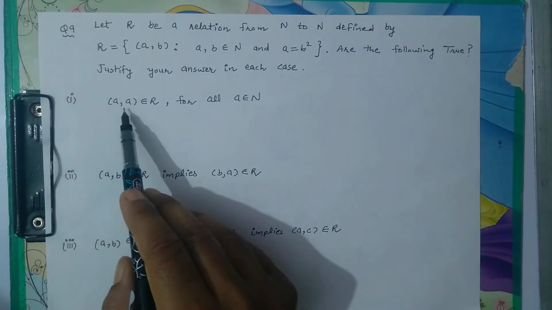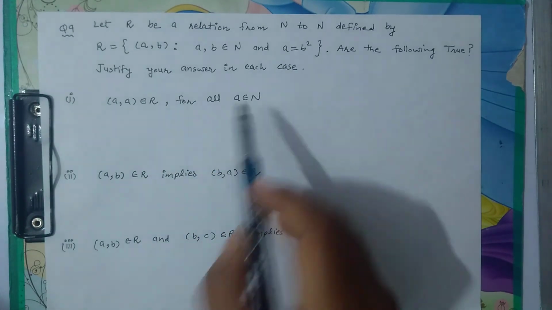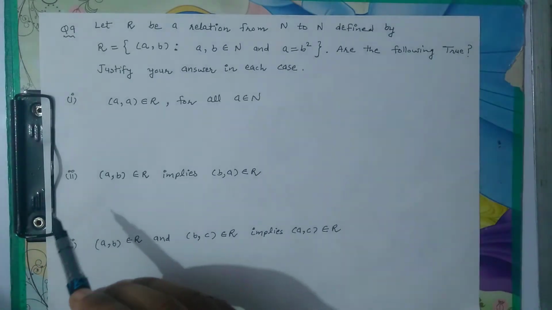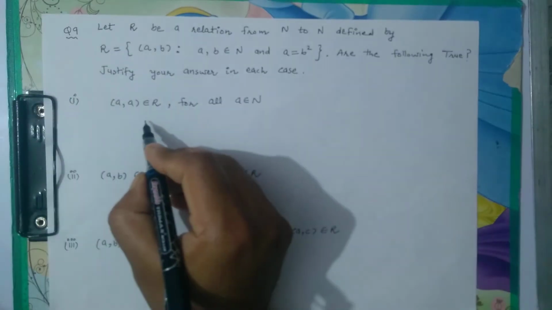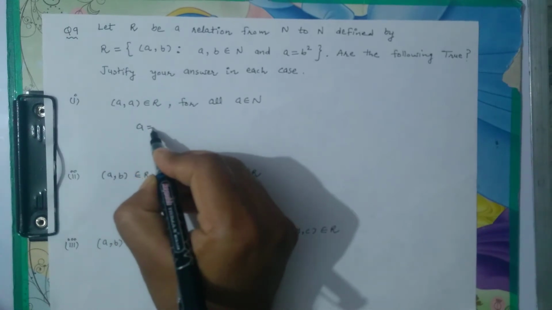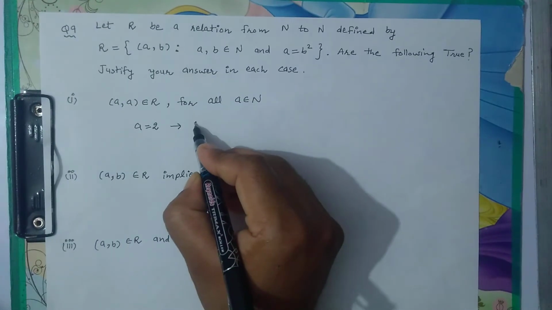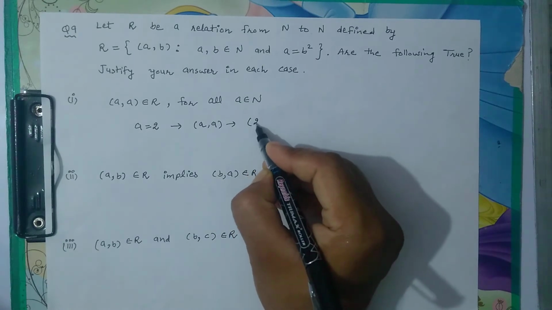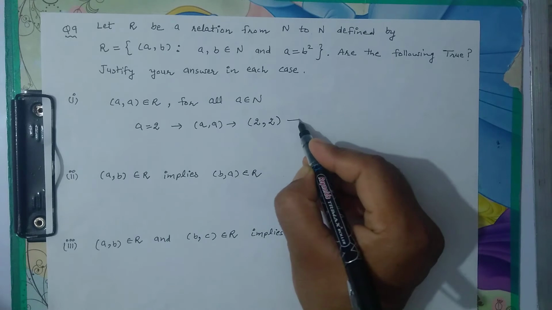Case 1: (a, a) belongs to R for all a belonging to N. First of all, a and b belong to N, natural numbers. So if we say here a is equal to 2, then (a, a) becomes (2, 2).